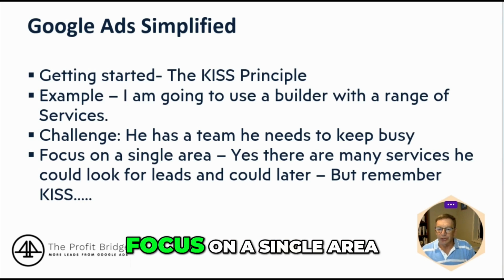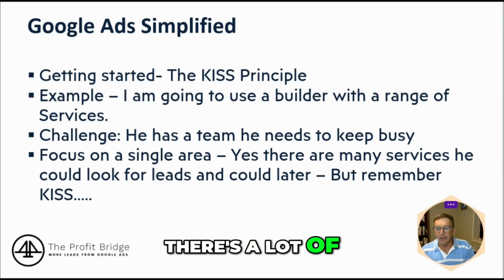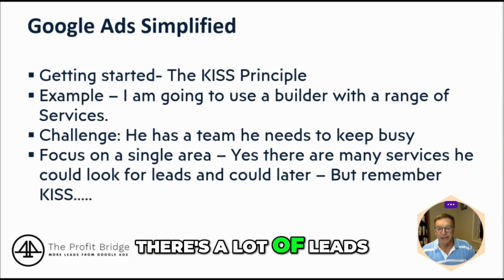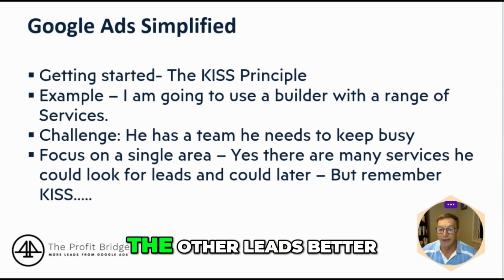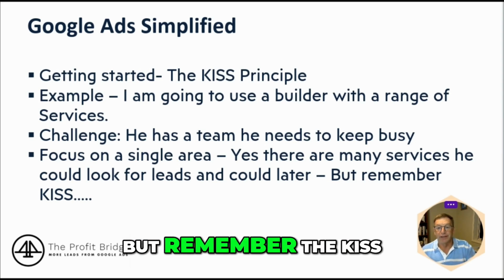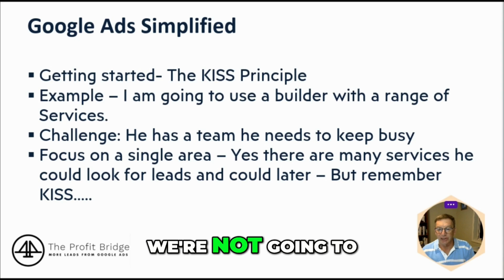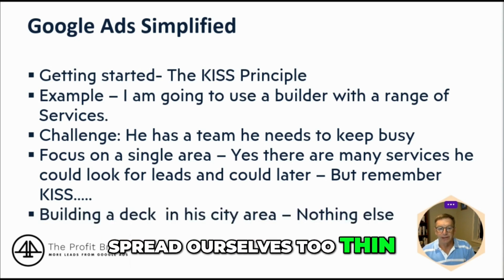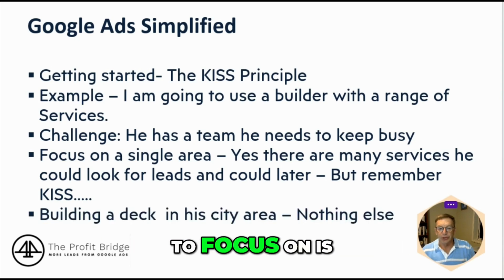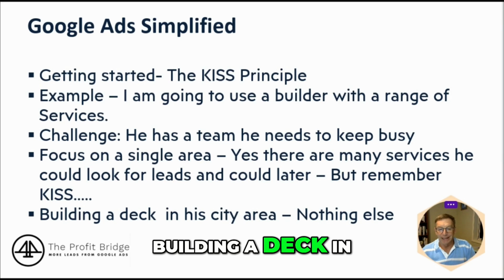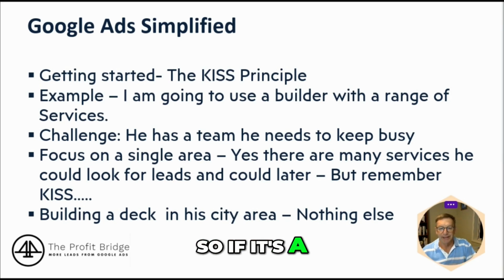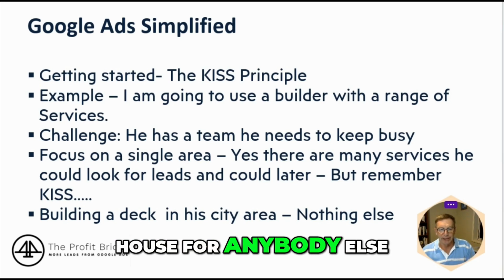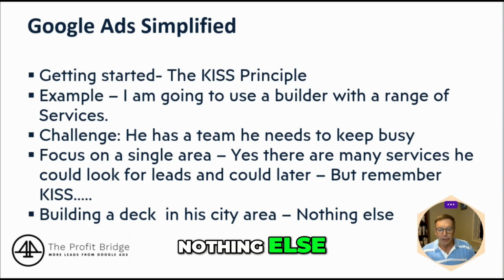So we're going to focus on a single area. There's a lot of services he could provide, and he could do the other leads better. But remember, the KISS principle, right? We're not going to spread ourselves too thin. So what we're going to focus on is building a deck in his city area. If it's a deck that sits off the back of a house, for anybody else, nothing else.